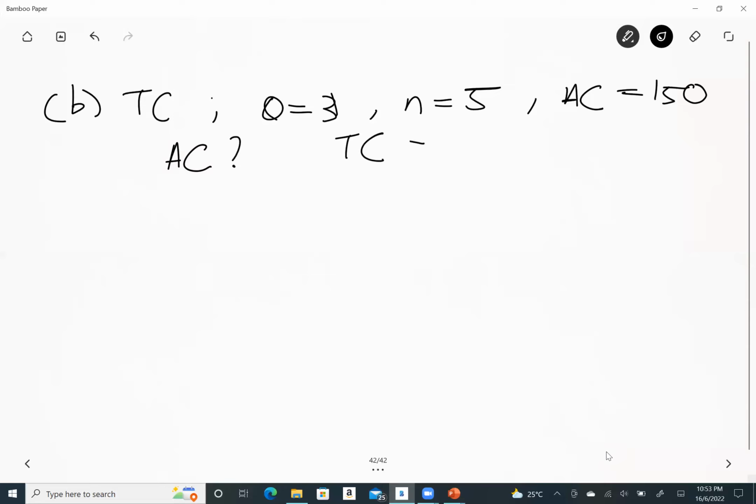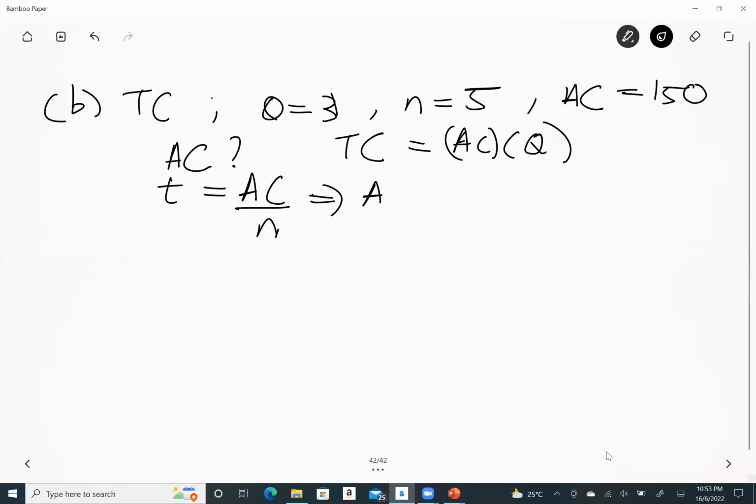Because total cost is equal to what? Is equal to average cost multiplied by Q. That's the total cost of producing 3 units of output. So you have to find the average cost. Now, average cost for this good is equal to what? We know T is equal to average cost divided by N. So therefore, average cost is equal to T times N.